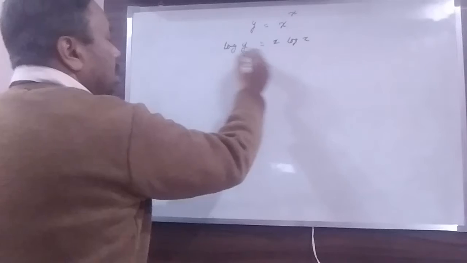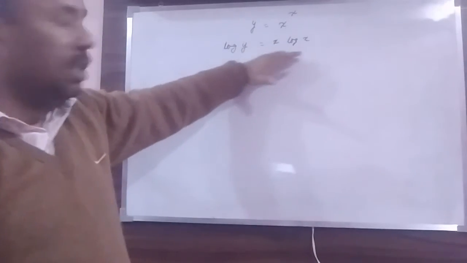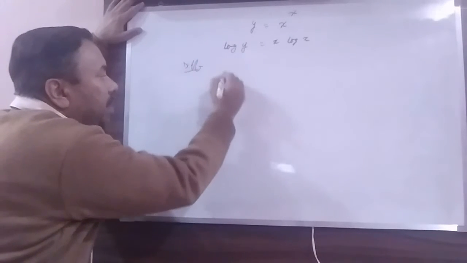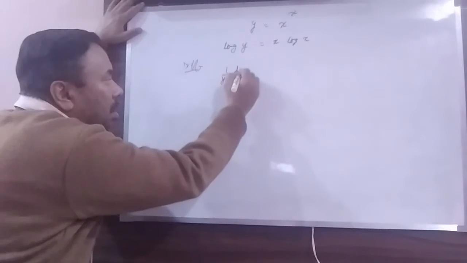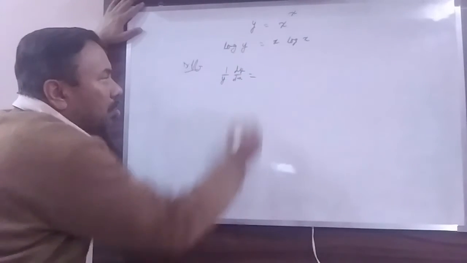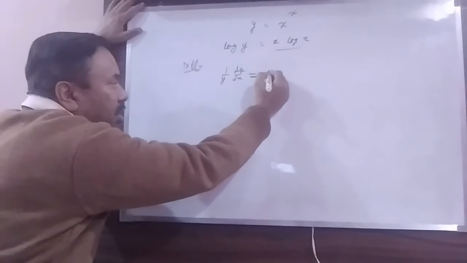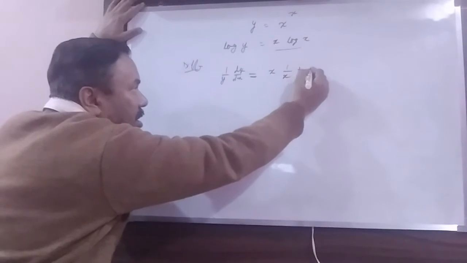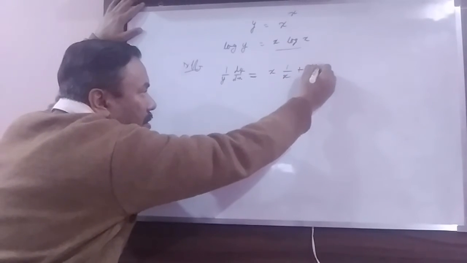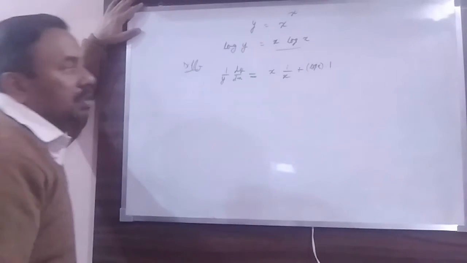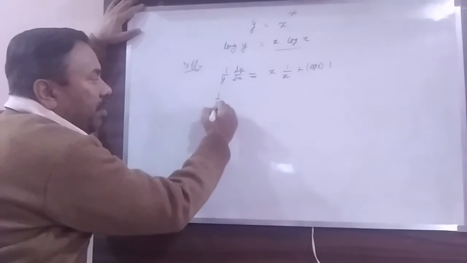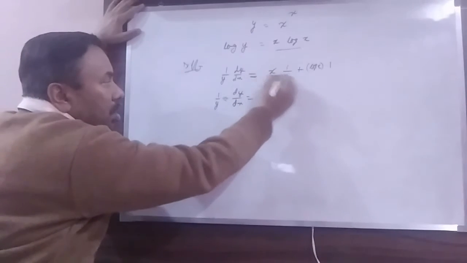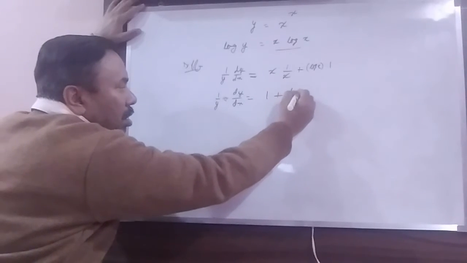Now when I differentiate this, I get 1 by y dy by dx equal to, again the product rule: first function multiplied by differentiation of second function, plus second function multiplied by differentiation of first function. So I get 1 by y into dy by dx is equal to, this cancelled, 1 plus log x.